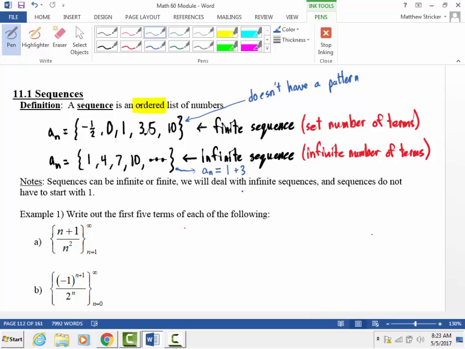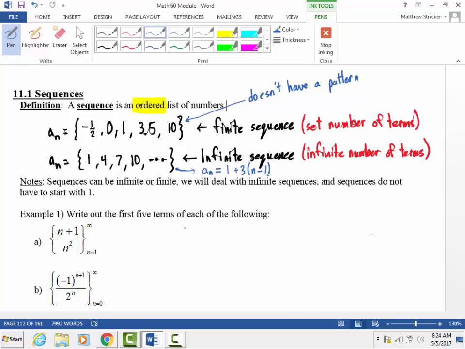And this would be when n equals 1. So if we don't want to add 3 the first time, then we can multiply this by n minus 1. So for the first term, this would be 1 minus 1, which is 0. 3 times 0 is 0, you just get 1. But then on the second term, this would be 2 minus 1 is 1, times 3. You'd add 3 to it. On the third term, we would add 3 twice. And on the fourth term, we would add 3 three times and so on. Does that make sense? Okay?